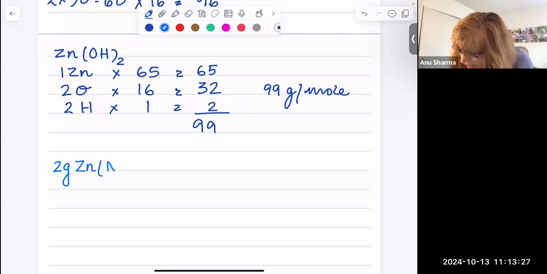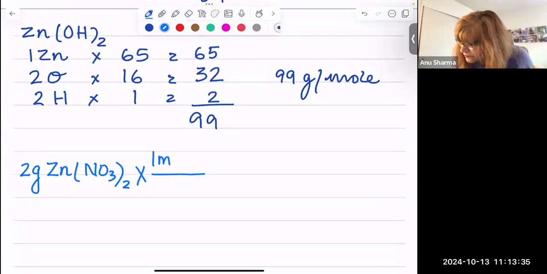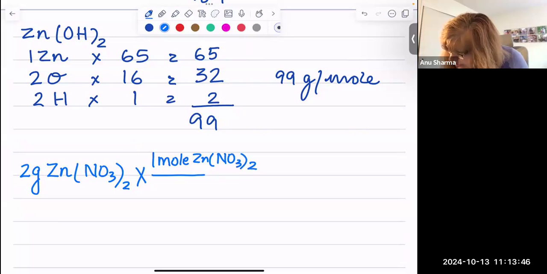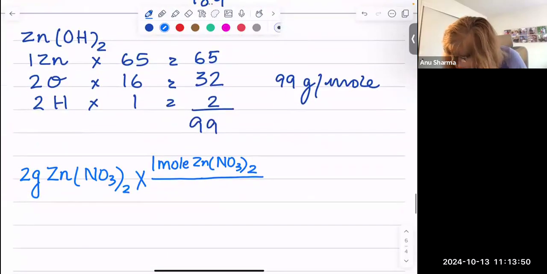You're given zinc nitrate, Zn(NO3) whole twice, right? First step is to convert grams to moles. So 1 mole of zinc nitrate, Zn(NO3) whole twice, is equal to 189 grams of zinc nitrate.